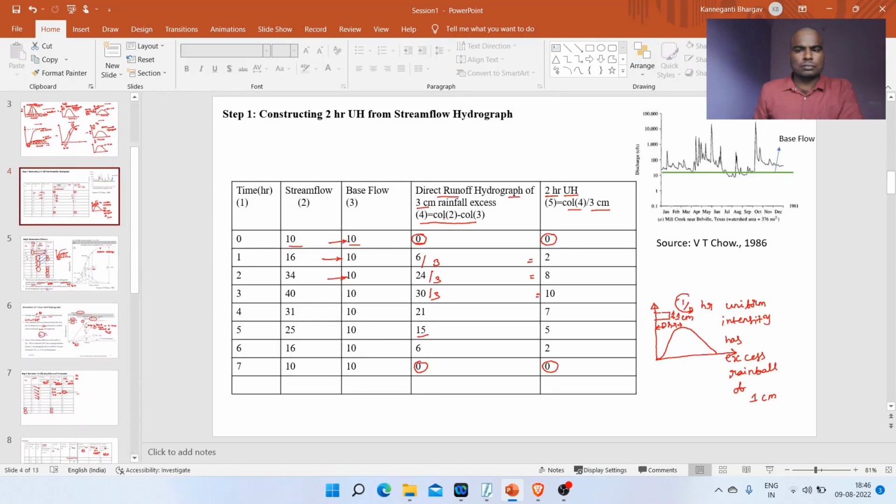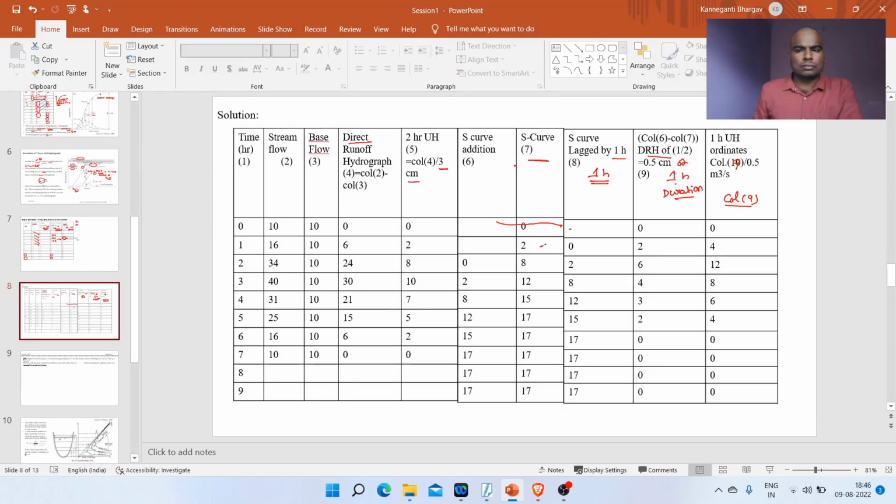See, if you observe column number 5, this is the 2 hour unit hydrograph which we have calculated by deducting the stream flow. Observe this carefully.